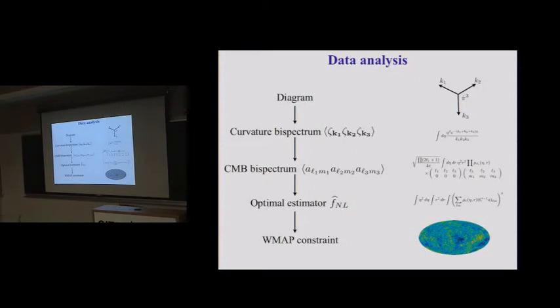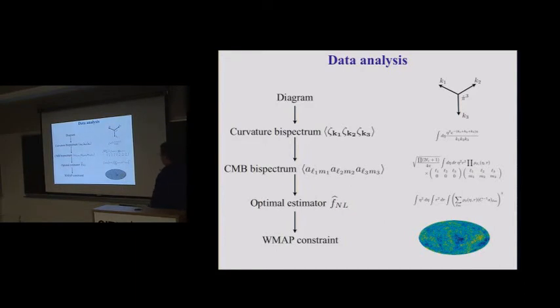To translate that into something that we observe in the CMB, we need to feed that through all the linear physics that is in CAMB, all the linear physics that determines the observed CMB fluctuations linearly from the initial curvature fluctuations.